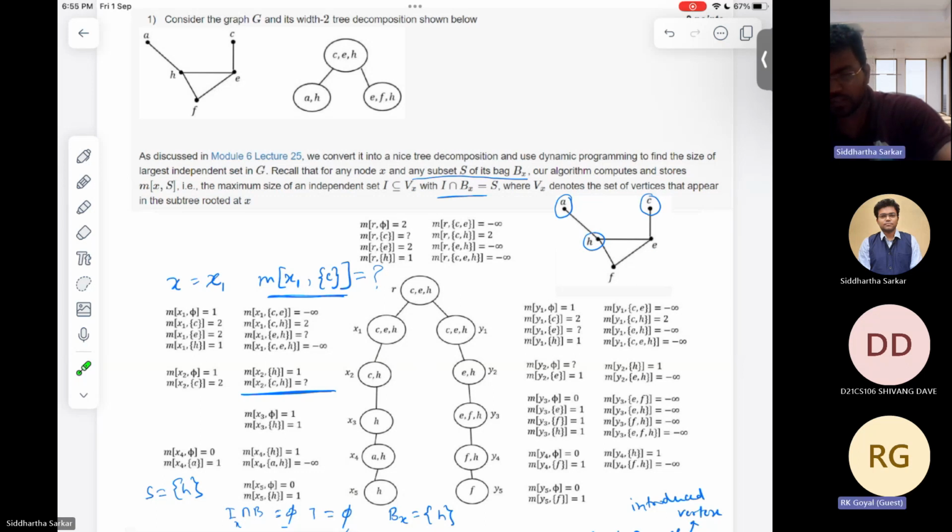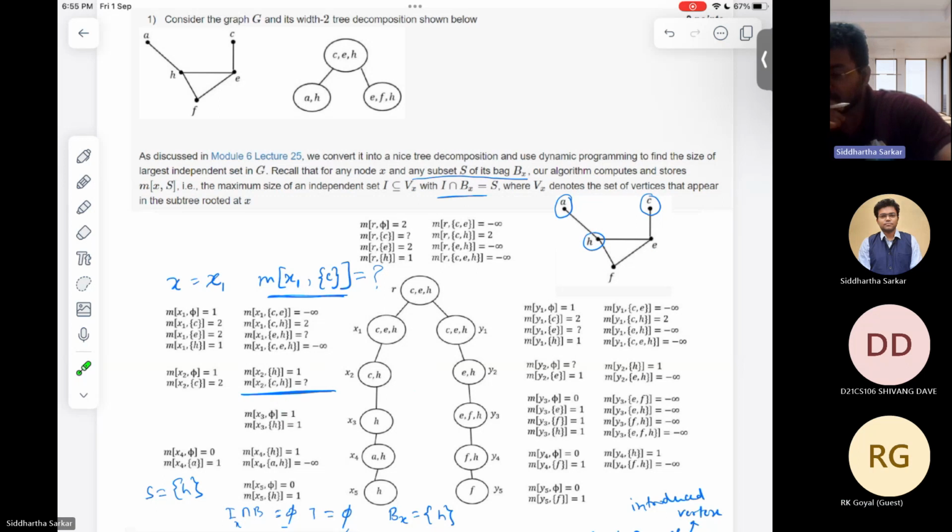So the point is the definition is sort of how the algorithm designer came up with this dynamic programming idea. As you can see, the meaning of this is saying that I want you to find an independent set within this subtree only, and I want you to find an independent set containing C and H. So you are finding an independent set containing C and H, and you don't want anything other than C and H also.